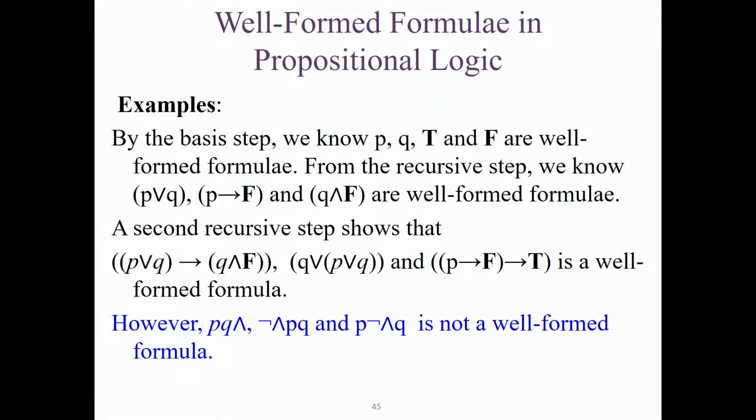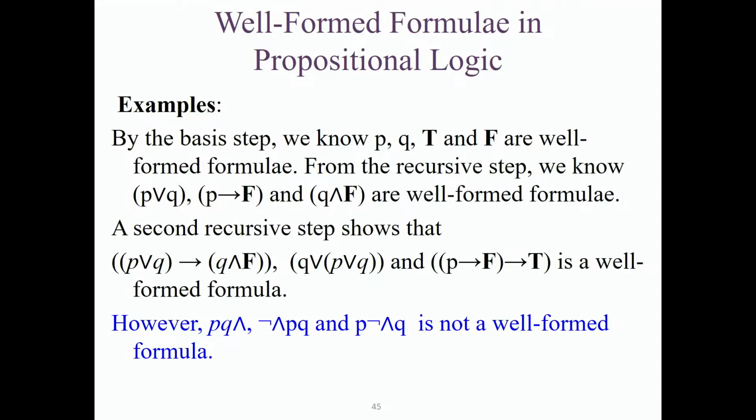So we will have, if P or Q, then Q and F. This is also a well-formed formula. And then we will have Q or P or Q. Where does this come from?